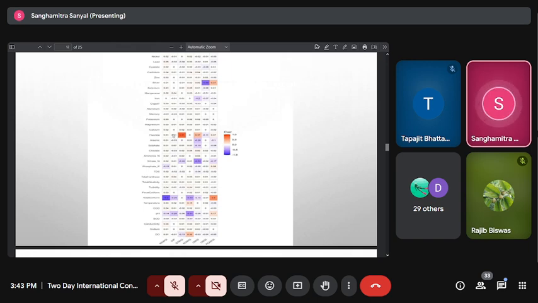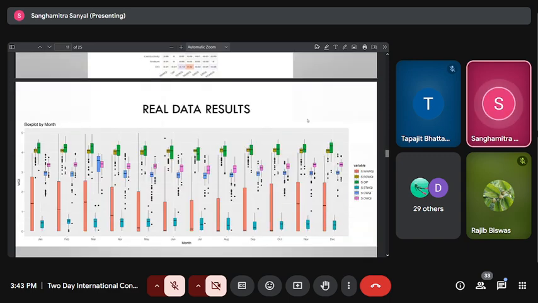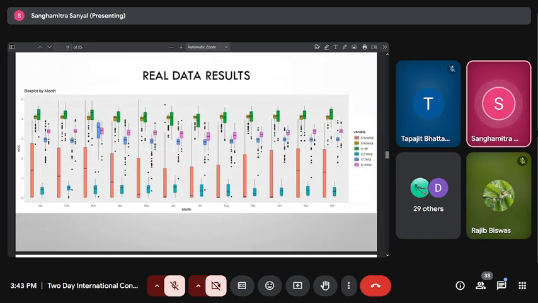Other than maybe for STWQI, the fluoride shows a very strong positive correlation, and for WAWQI, total coliform shows a strong negative correlation. So there are some of these. For CWQI, again, silver shows a strong correlation, whereas PCAWQI shows a strong negative correlation. Once this was done, we moved on to the real data.